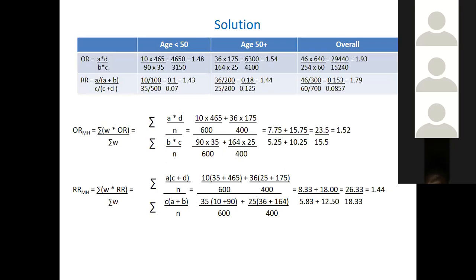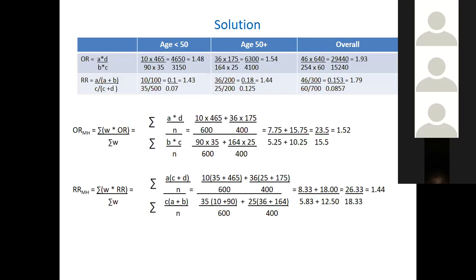Relative risk is 1.79, odds ratio 1.93. Therefore, in a particular data set, if relative risk is 1, odds ratio will be 1. That is when they are equal, and that is when there is no association between the disease and the exposure of interest.